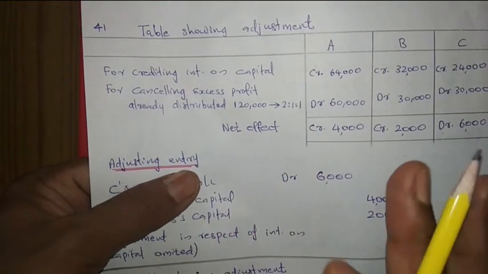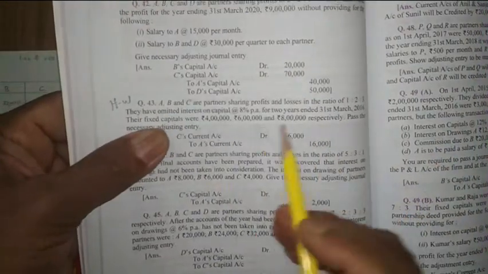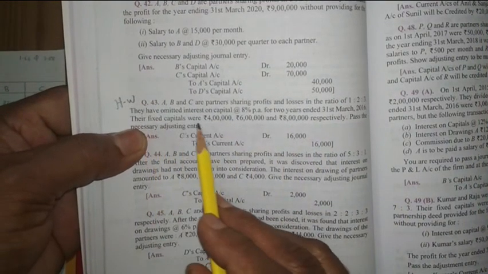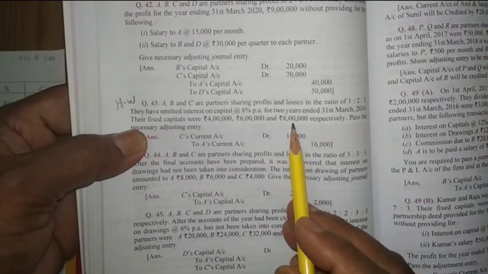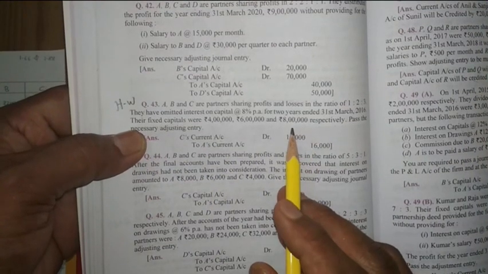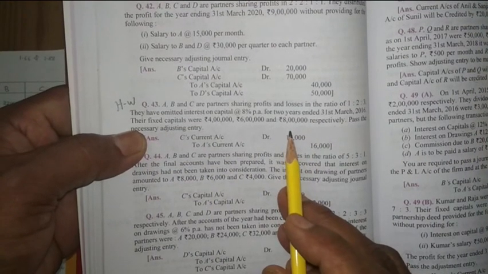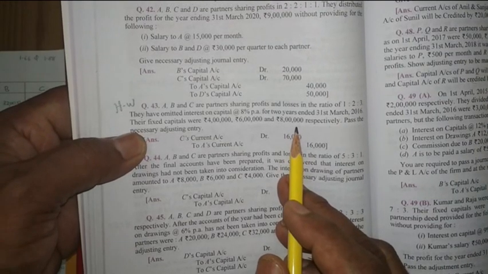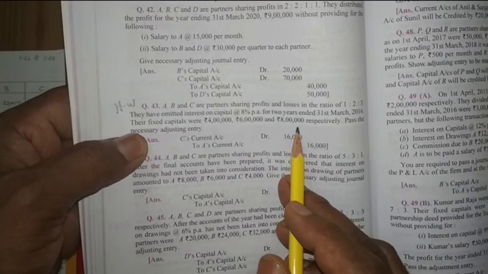One more new thing in that question is that it says their capital account is fixed. Their fixed capitals were 4 lakh, 6 lakh, 8 lakh. Whenever the capital account is fixed, interest on capital goes to the current account. So whenever we are passing the journal entry, instead of capital, we have to use the current accounts.